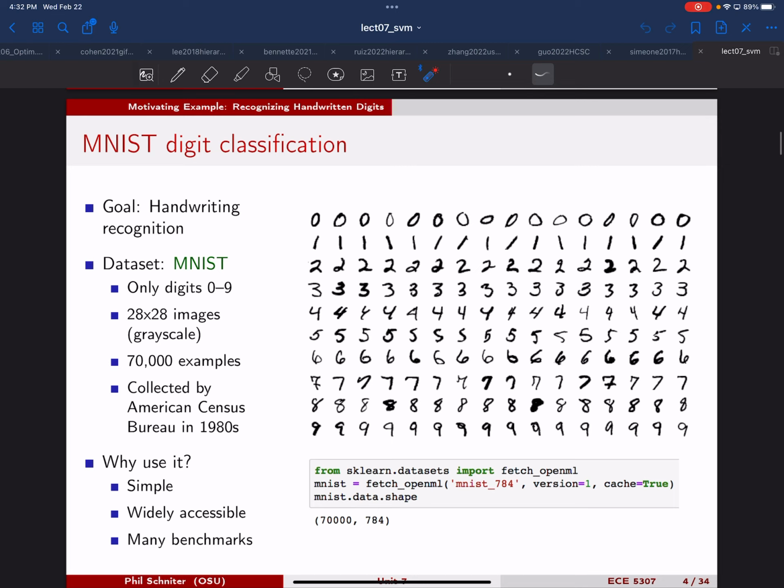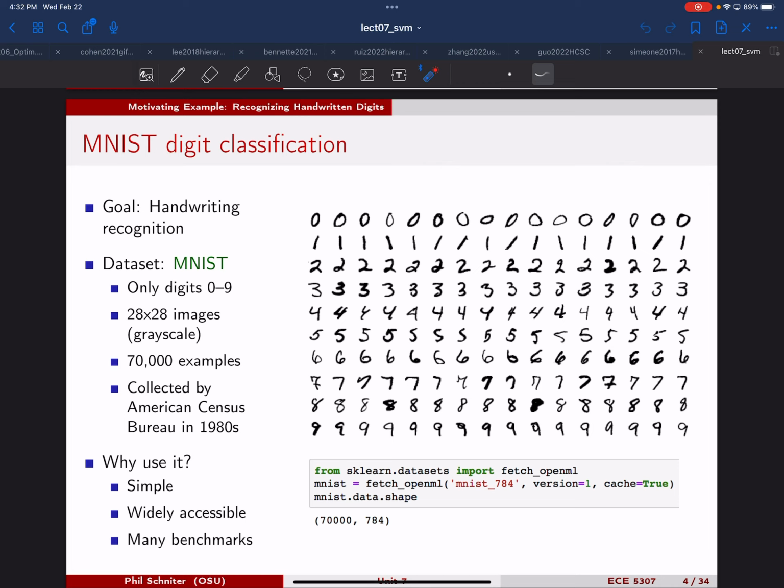The demo and motivating problem is digit classification. This is one of the most popular data sets in machine learning. It's called the MNIST digit data set.